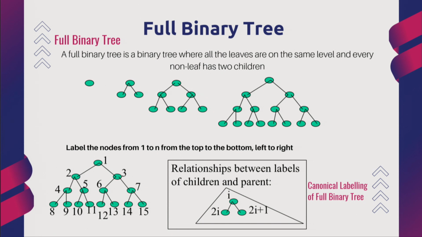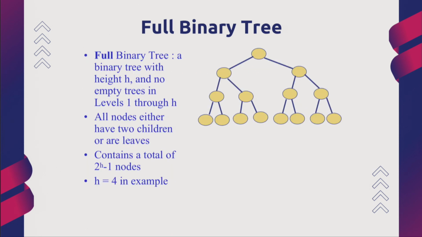The full binary tree definition is a binary tree with height h and no empty trees in levels 1 through h. That is what we said: all other intermediate levels should be completely filled and should have the maximum of 2 children. All nodes either have 2 children or they themselves are leaves.